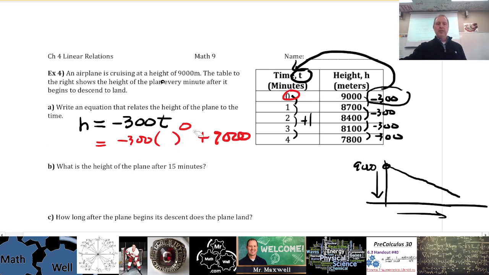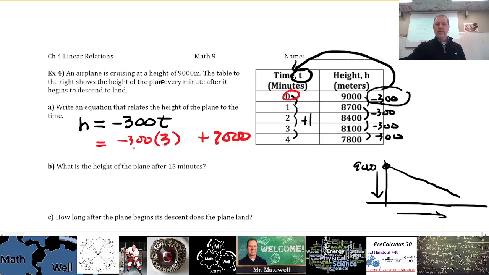Okay. I'm going to change these numbers and go to the next one. 1 and 8,700 over here. So let's see. Negative 300 times 1 is negative 300 plus 9,000. That's the same as 9,000 minus 300. Does that equal 8,700? It does. Okay. One more. I'm going to take the second last one.